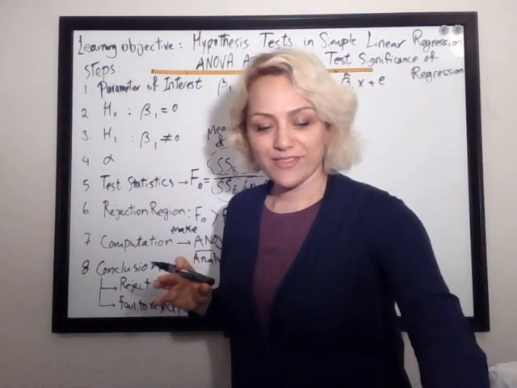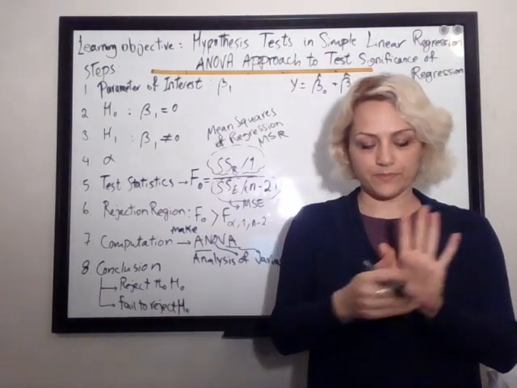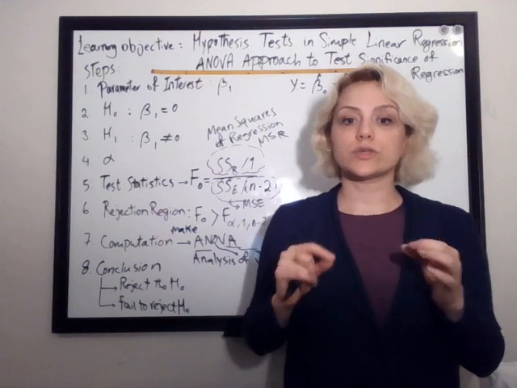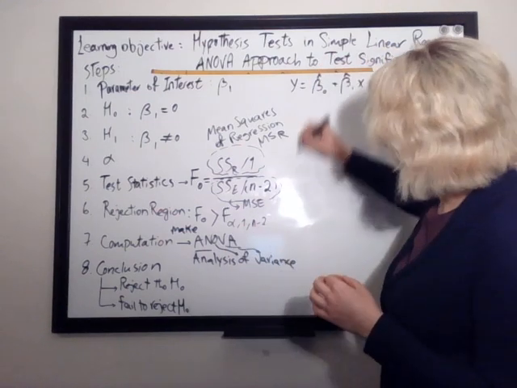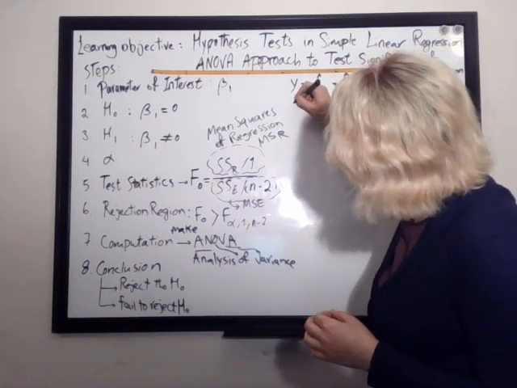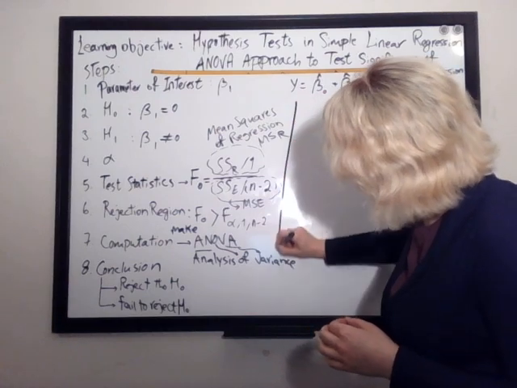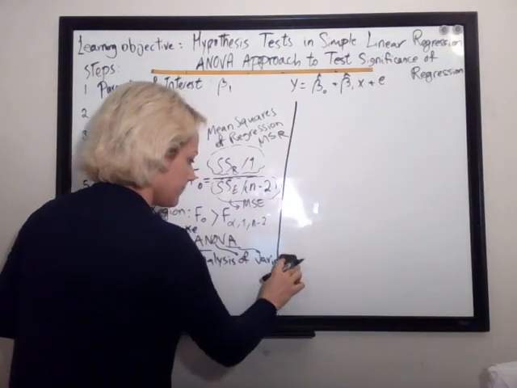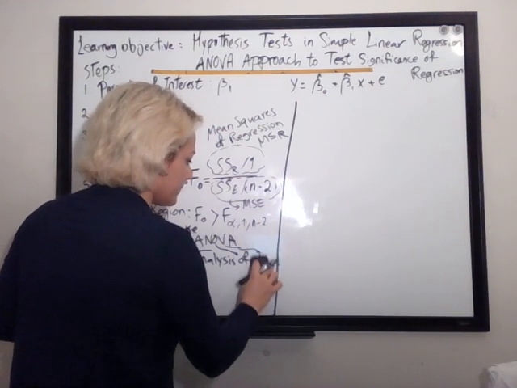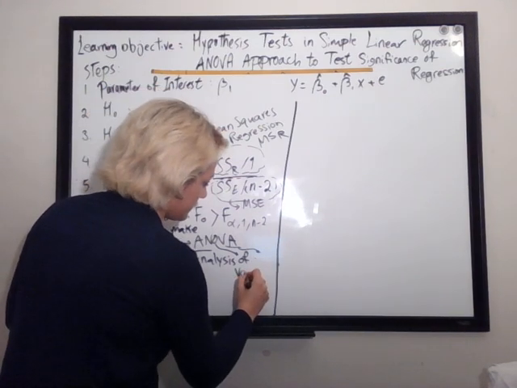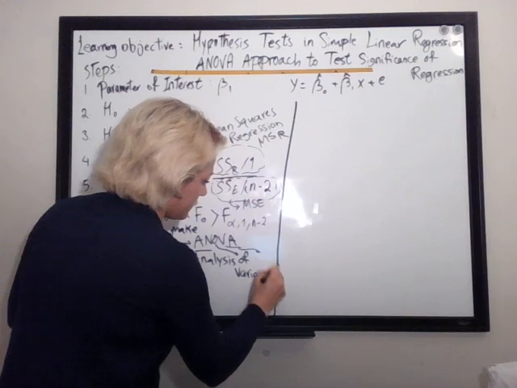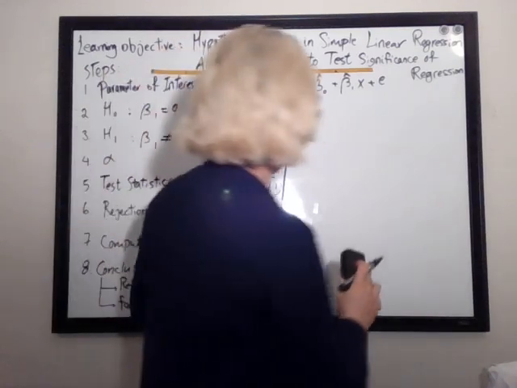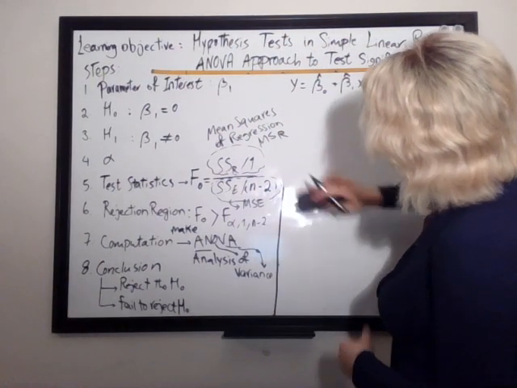You are going to have 5 columns. The first column is the source of the variation. I'm going to just draw a line here.